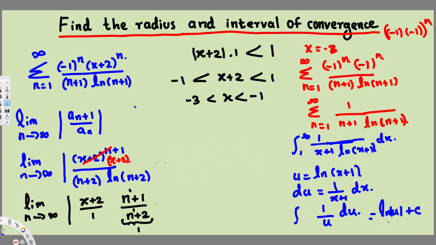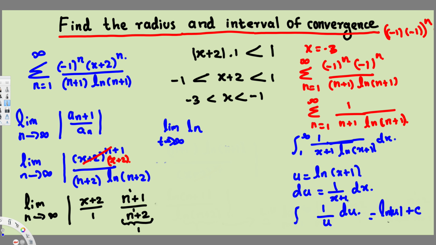Now we have to see, since this is an improper integral, when we take the limit of this one, we take the limit as t approaches infinity of log u plus constant. Now when we take this one, we don't have to write the constant anymore, so we have log u.